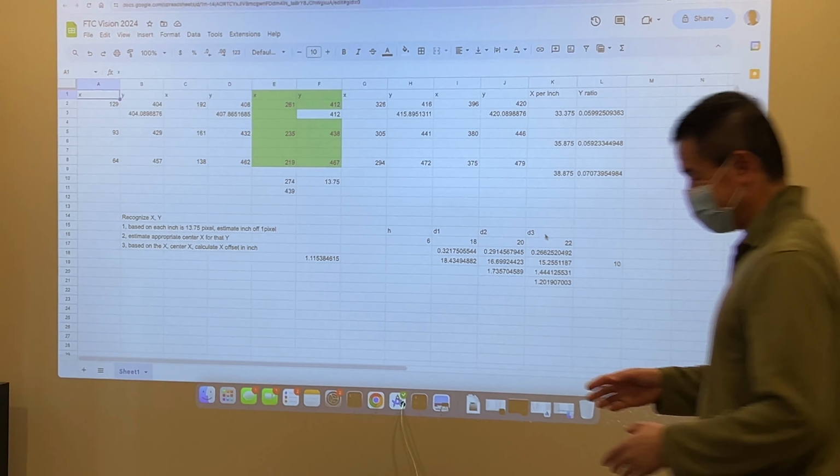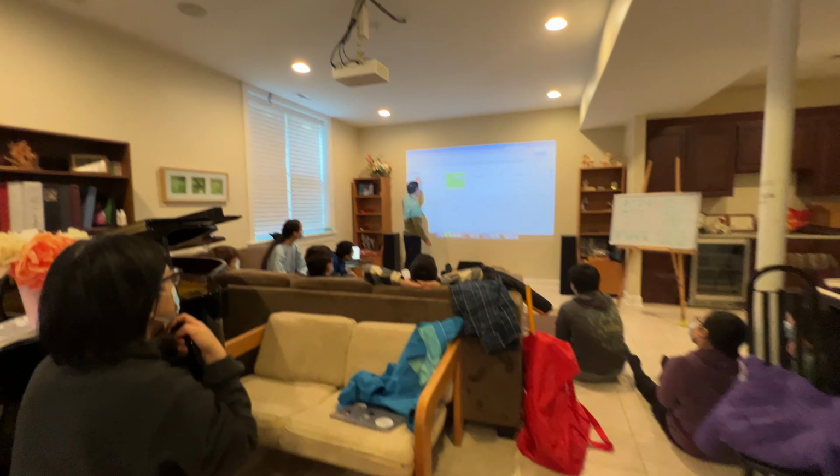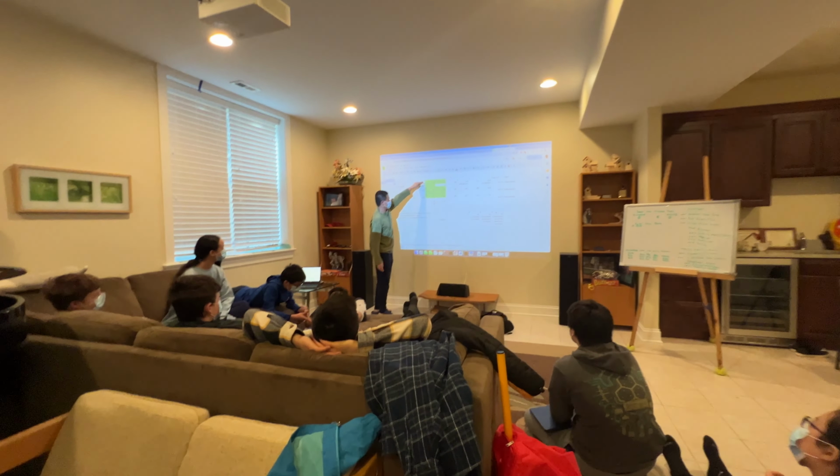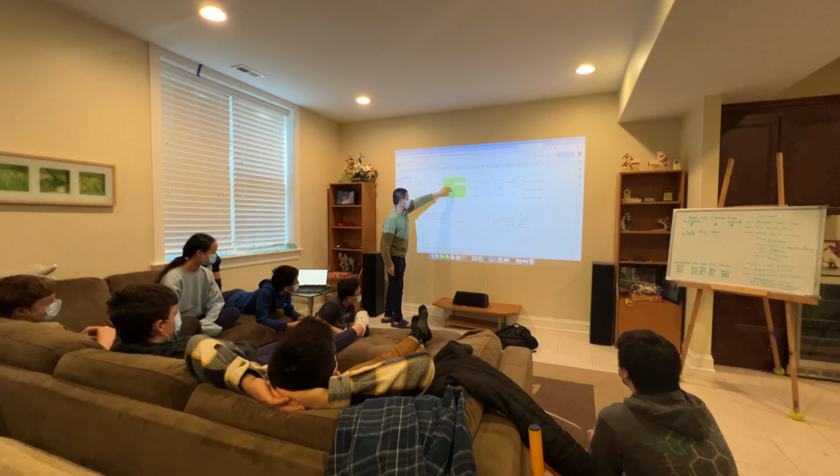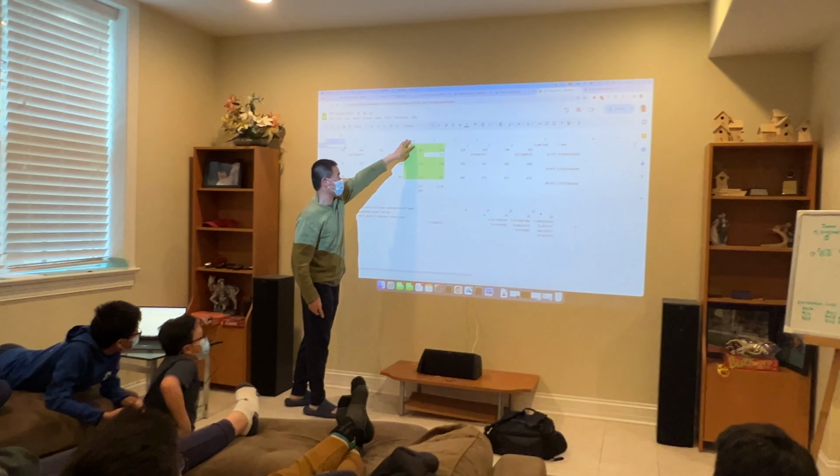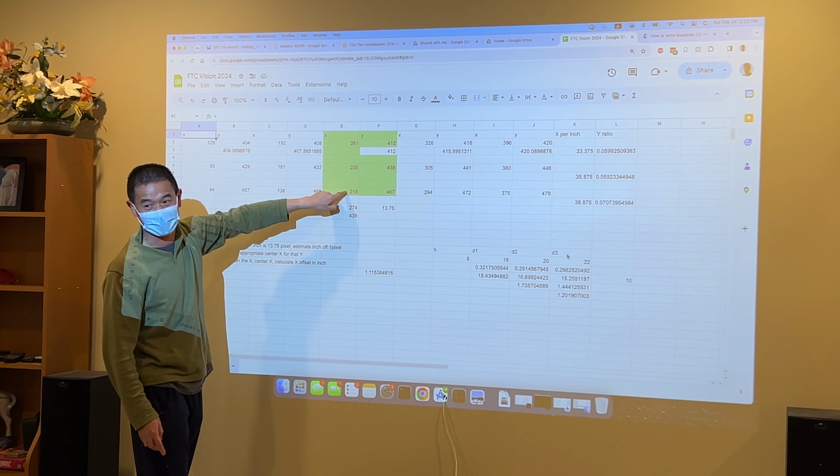Yeah. So when I have these pixels, I have the 2 on the outside, the closer one, the center dot, and 2 on the right side. Then I can note down the x position and y position of it. As you can see, this is 2 inches from here, this is 2 inches from here. This one is the ideal center one, and this is 2 inches too close, this is 2 inches too far.